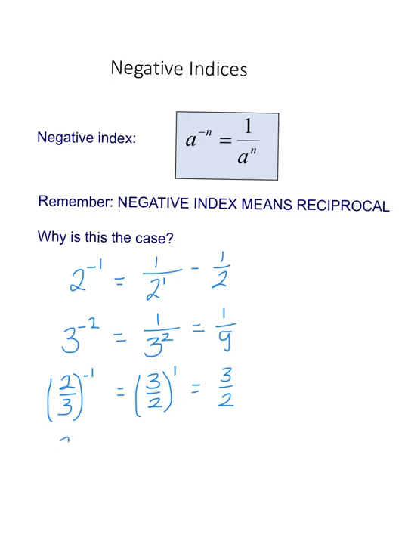And if I had 2/3 to the minus 3, I would flip the fraction, 3 over 2, make the power positive, and then simply apply the power to each number in the fraction. So 3 cubed would give us 27 over 8.